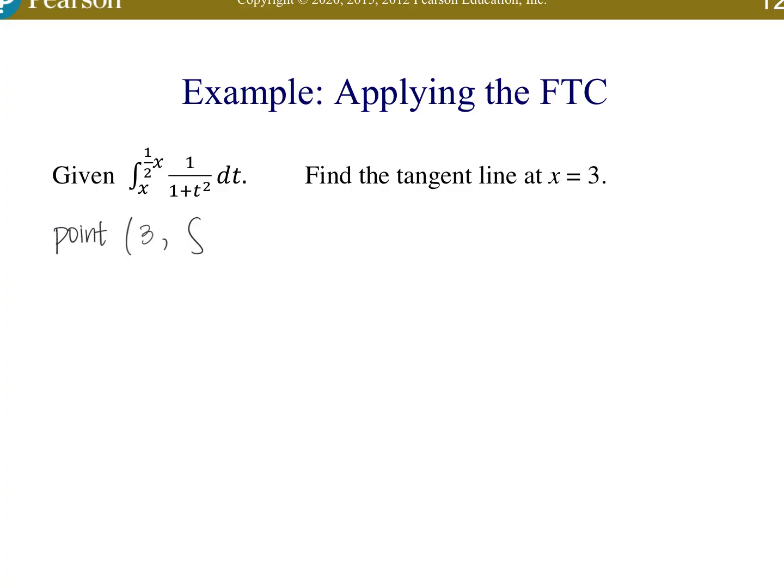So it'll be the integral from 3 to 3/2 of 1 over 1 plus t squared dt. So to find the point, you actually do need to do the antiderivative. So my point will be 3 for x, and then my antiderivative is the inverse tangent of t plus c on bounds 3 to 3/2.